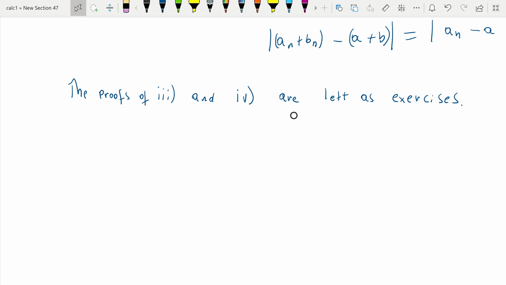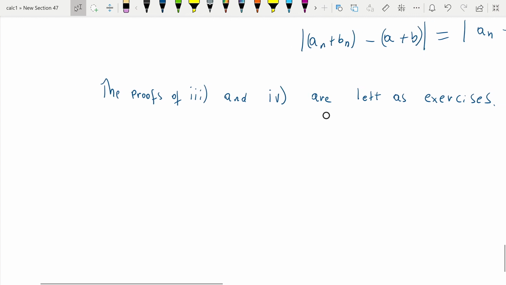It basically says that if you have a sequence trapped between two sequences, and those two sequences have the same limit, then the sequence in between has the same limit as the two outer sequences. We're going to prove that, and that's not going to be such a big deal.